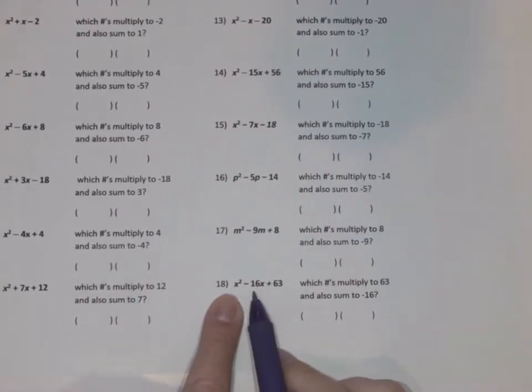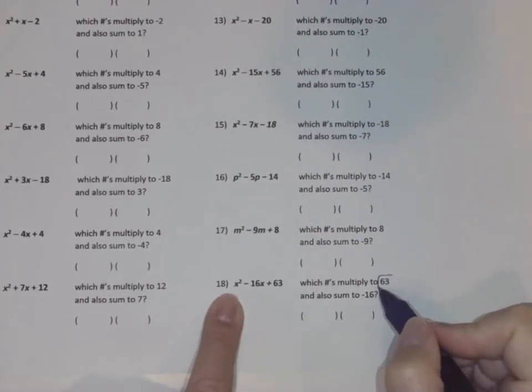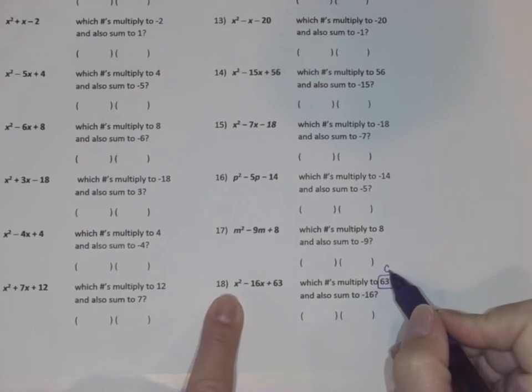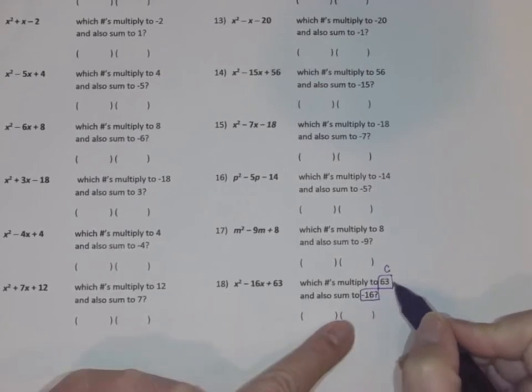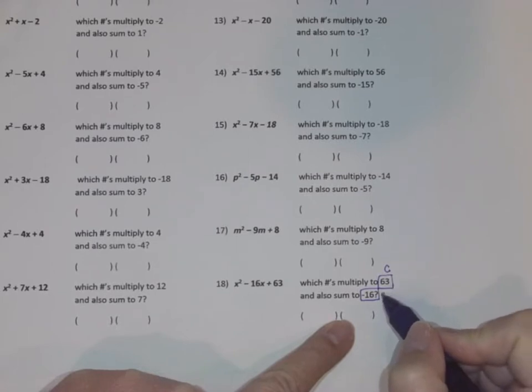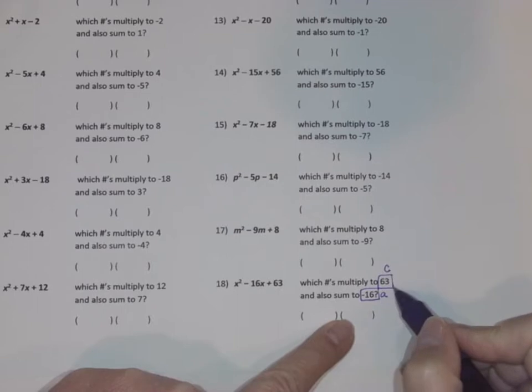If we look at this one, we're looking for two numbers that multiply to 63, that's our c value, and those same two numbers that multiply together have to add to -16. Okay, so let's think of all the numbers that go into 63.